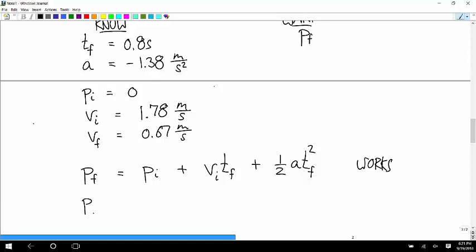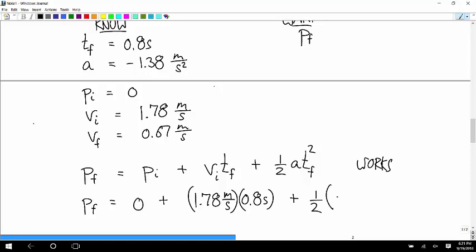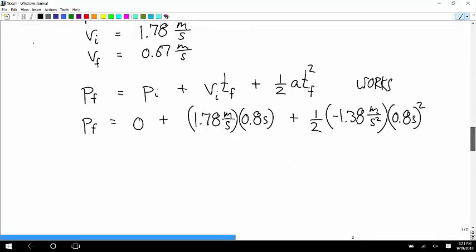And so it says P final is equal to 0 plus 1.78 meters per second times 0.8 seconds plus 1/2 times negative 1.38 meters per second squared times 0.8 seconds squared.